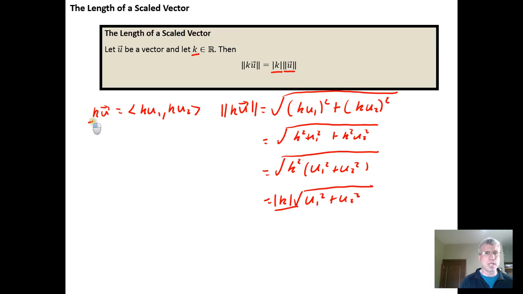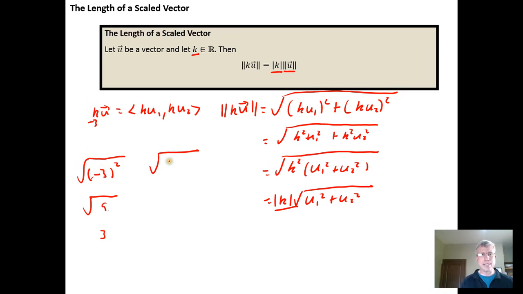Let's suppose the scalar is -3. Well, if you square -3 and then take the square root, simplifying from the inside out, you get -3 squared is 9, and the square root of 9 is just 3.